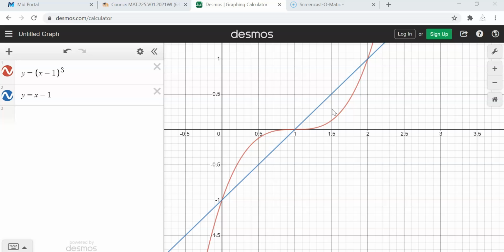In certain circumstances, that may mean just the area of one of these individual bounded regions, like for instance, from x equals 0 to x equals 1. In that bounded region, we'd take the cubic polynomial minus the linear polynomial. Or the other bounded region from 1 to 2, you take the linear minus the cubic and see the area there.